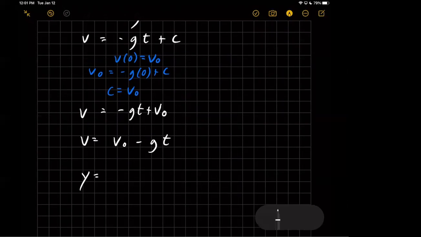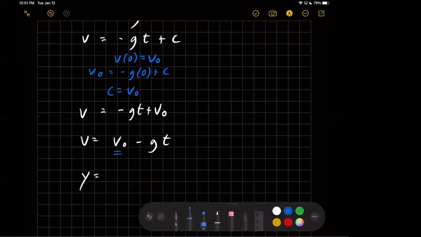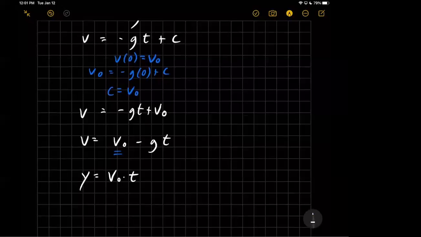Now, v naught is a constant, so the antiderivative of it will simply be v naught times t. Since v naught is a constant, the derivative of a constant times t is just the constant. If this had been 2t and you took the derivative with respect to time, it would just be a 2. So the derivative with respect to time of v naught times t, where v naught is a number, is just v naught. So that works.